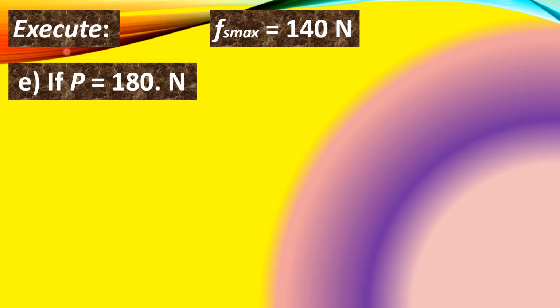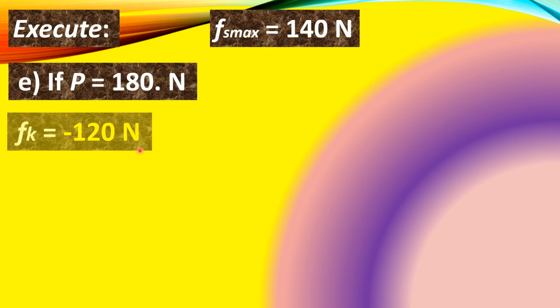And for case letter E, if the applied force capital P is equal to 180 newtons, which is now greater than the maximum static friction, the crate will now start to move, because the applied force is now greater than the maximum static friction.